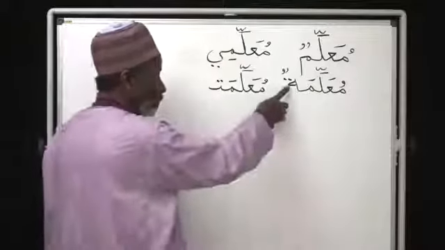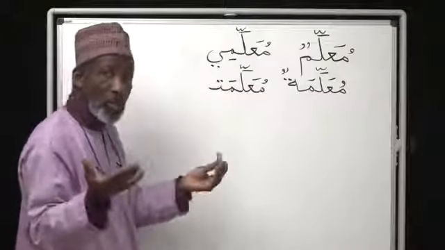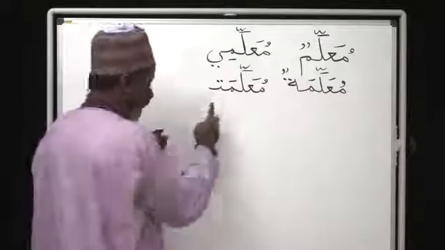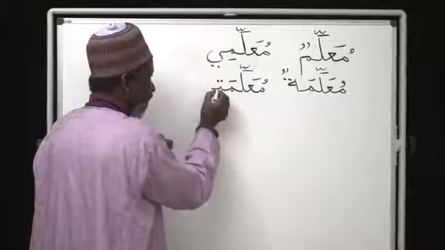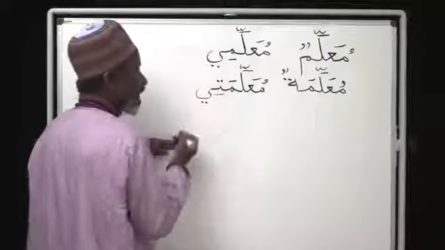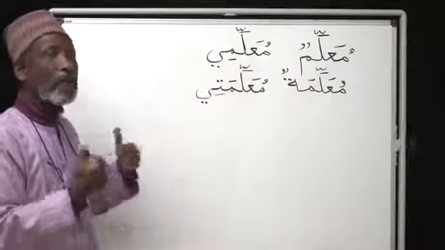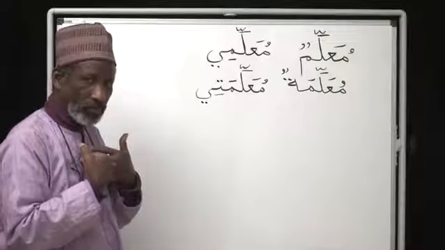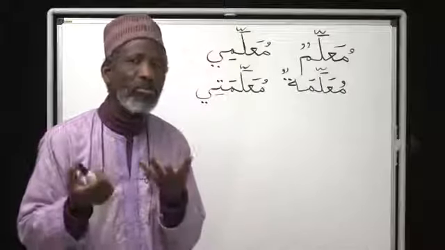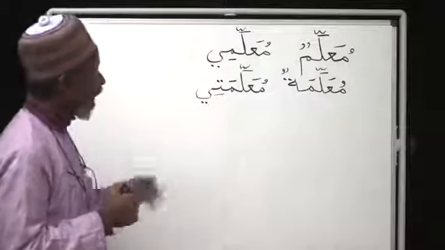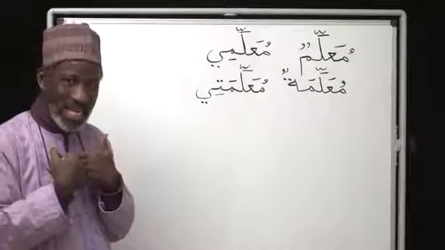So once you want to add anything after the ta marbuta, you open it up. Put a kasra underneath it and extend it with the lengthening ya, it becomes muallimati, my female teacher. That principle is very stable and firm. So muallimun, muallimi, muallimatun, muallimati.